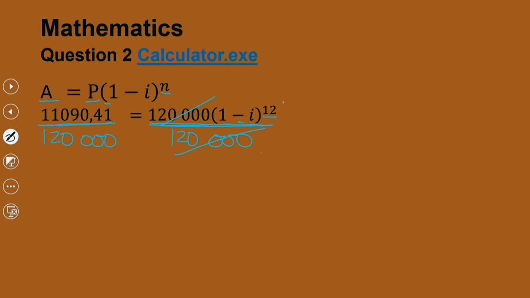And then you'll be left with open bracket 1 minus I, close bracket to the power of N. And on this side, this is what you're going to have. But this 12, we can get rid of it as well by taking the 12th root on the right-hand side, and on the left-hand side as well, we can take the 12th root. So that we end up having the following.